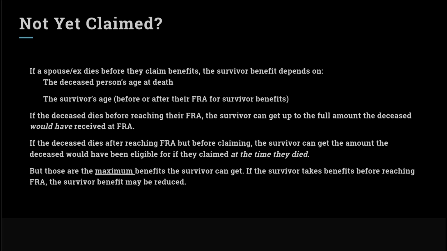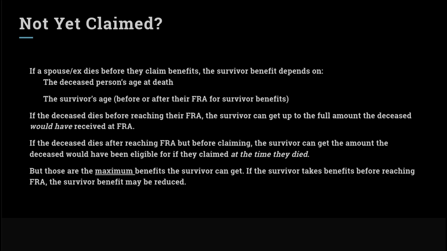What if somebody dies before they took benefits? If that's the case, the survivor benefit depends on the deceased person's age at death, as well as the survivor's age, whether they're before or after their FRA for survivor benefits. So if the deceased died before reaching their full retirement age, their FRA, the survivor can get up to the full amount the deceased would have received at FRA.